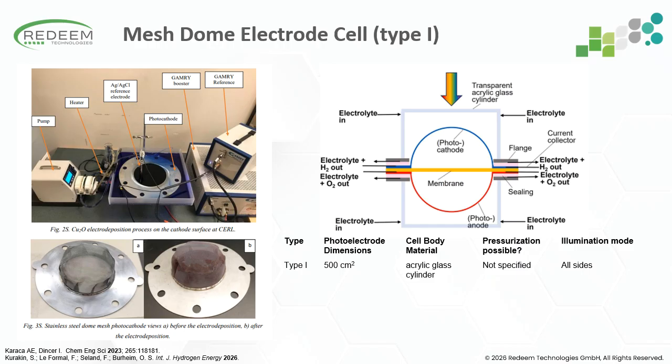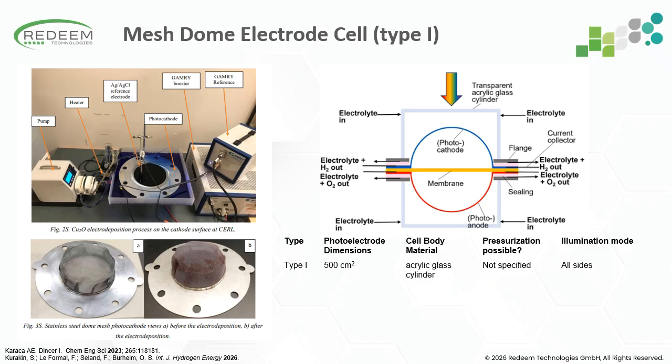And the reported reactor had an active photoelectrode area of around 500 square centimeters, making it considerably larger than typical laboratory cells. It's very interesting from an engineering perspective because this concept shows that the cell geometry itself can become a design parameter. By moving beyond just flat electrodes, one can potentially improve light distribution, mass transport, and available surface area simultaneously.